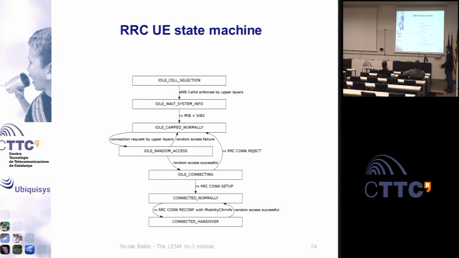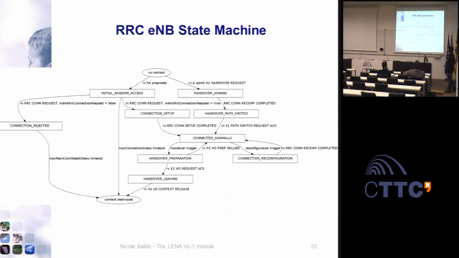And the eNodeB state machine, the main difference is that while one UE exists for the whole simulation, in the eNodeB the context of a UE is only created when the UE performs connection establishment or does a handover to that cell, and then can be destroyed, for example, when the UE leaves. And you have different initial states depending on the reason why the context was created in the eNodeB.